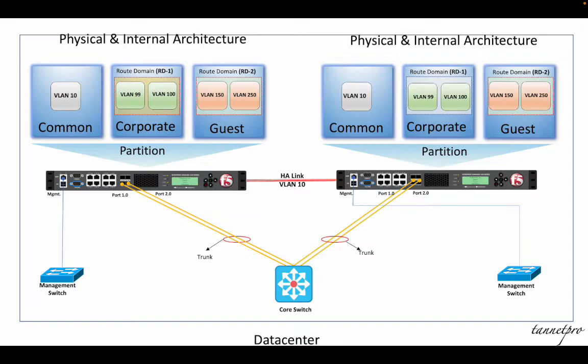Whichever L3 traffic flows will flow over that particular route domain. It's just a logical VRF, you can say. You can also avoid this part, but as per your requirement, in a large or huge deployment, it is very much required. That's why I try to explain this part over here.